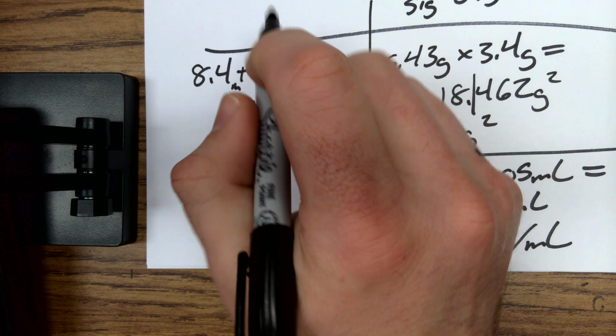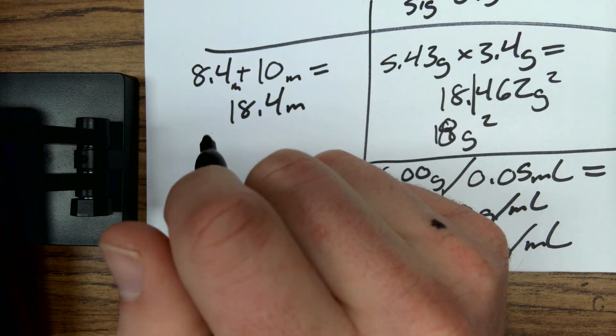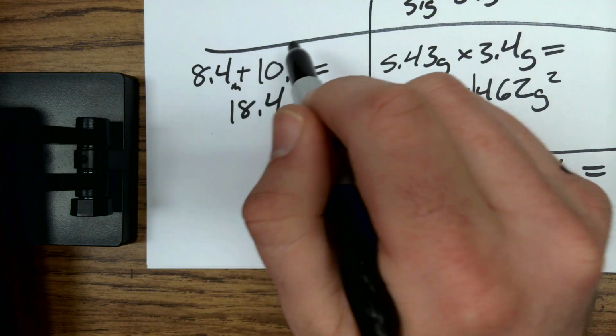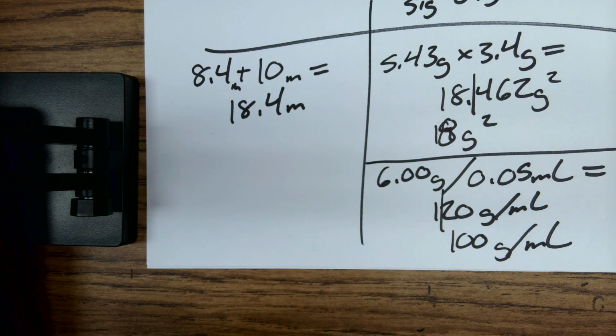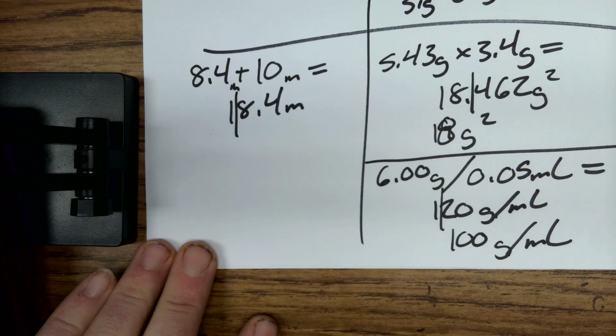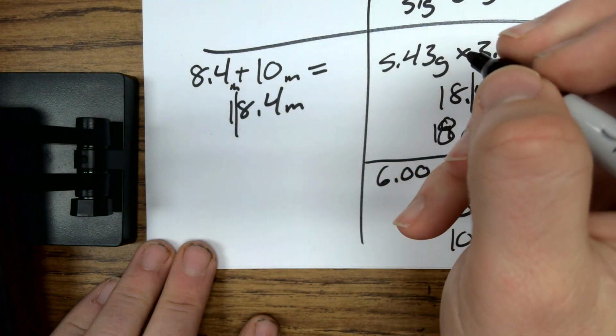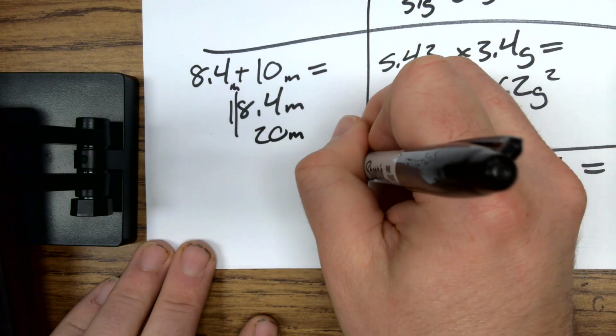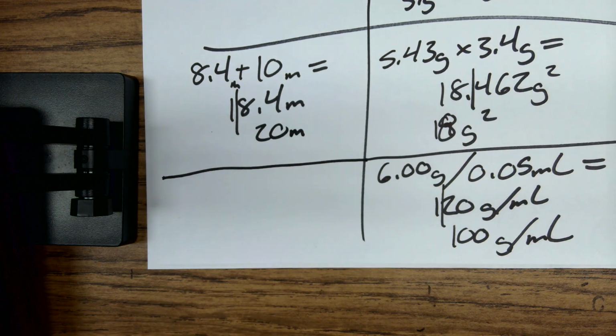Now, these are both measured numbers. Which one has the least amount of sig figs, the 8.4 or the 10? How many sig figs does 10 have? 1. So how many sig figs can my final answer have? Is the 8 big enough to push my 1 to a 2? So what's my final answer going to be then? 20 meters, with no decimal. Nice call.